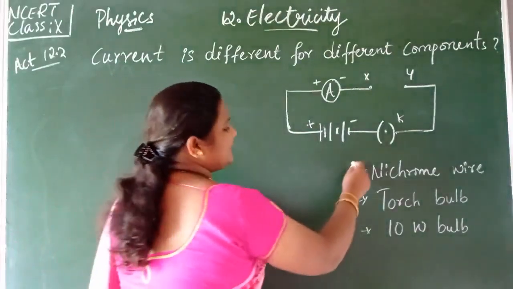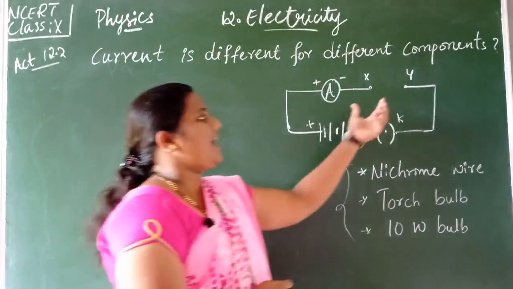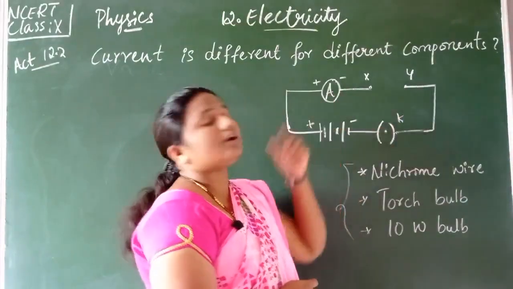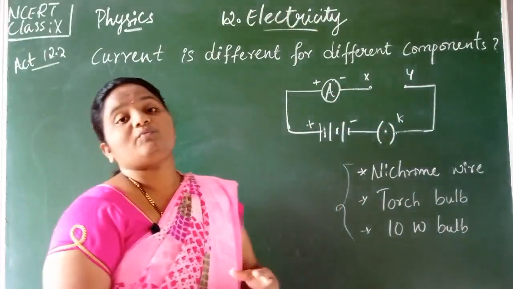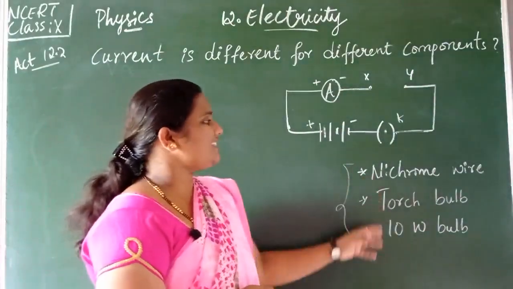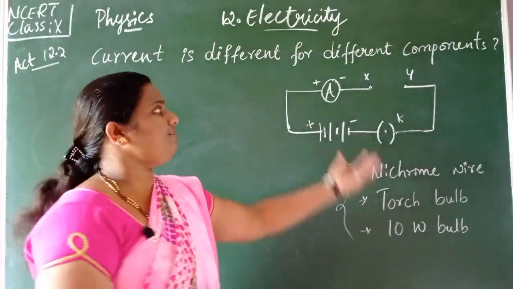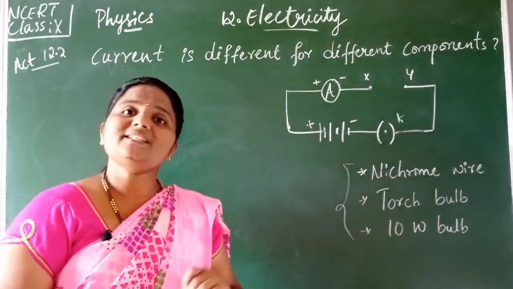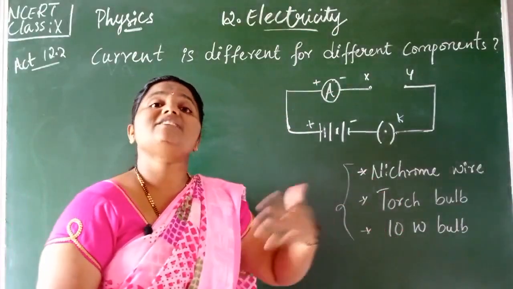All these different components we connect one by one at these points and note down the ammeter reading. It is experimentally found, children, that the different materials like nichrome wire, torch bulb and 10 watt bulb give different ammeter values. The current value for these three materials differs.